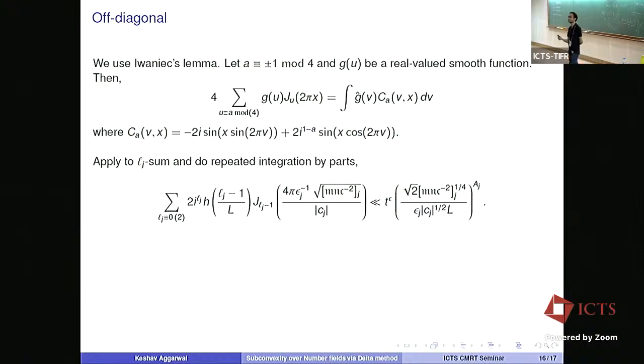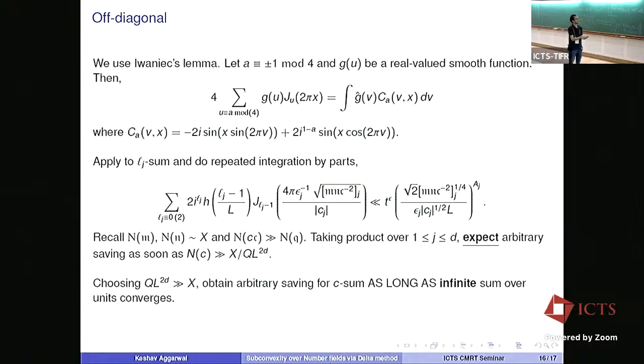Okay, so I have not really told you why that happens, but this is essentially applying this particular lemma. And you can get arbitrary savings, right? So you can do integration by parts some A_j number of times, and you get savings to the power of A_j.